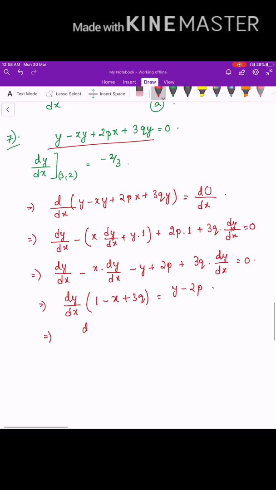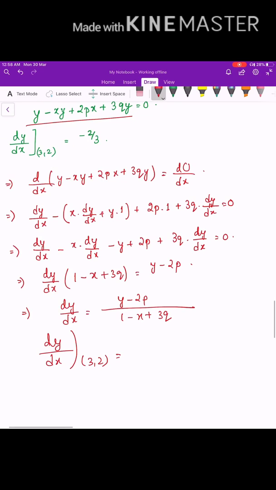So finally dy by dx is equal to y minus 2p upon 1 minus x plus 3q. In the given question, dy by dx at 3, 2, I'll substitute the value of x as 3, y as 2. So 2 minus 2p upon 1 minus 3 plus 3q.